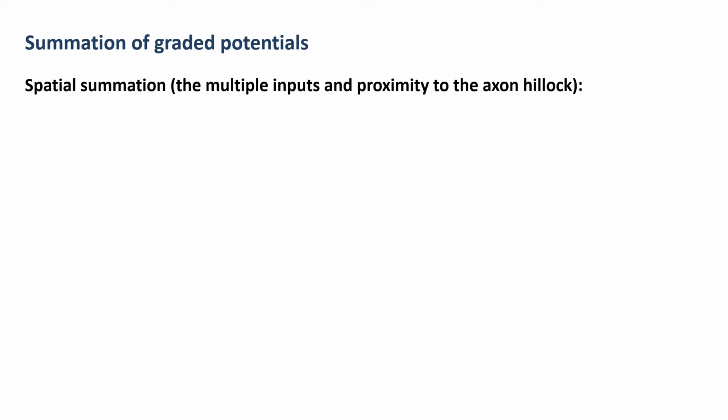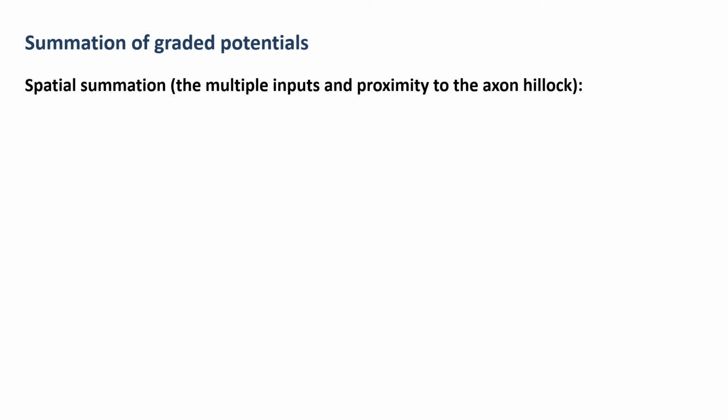So let's talk a bit more about summation, because there's various things that influence summation. Spatial summation is all about multiple inputs, all the different presynaptic neurons that are firing and are creating either EPSPs or IPSPs within the soma. It's also a little bit about the proximity to the axon hillock, because imagine you fire an EPSP into the end of a dendrite.